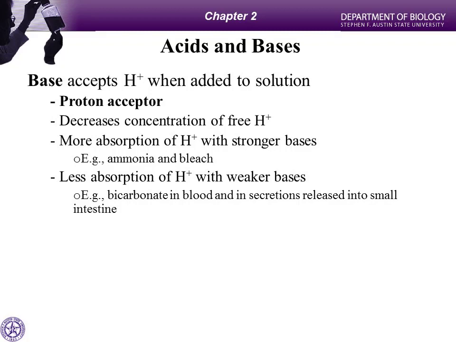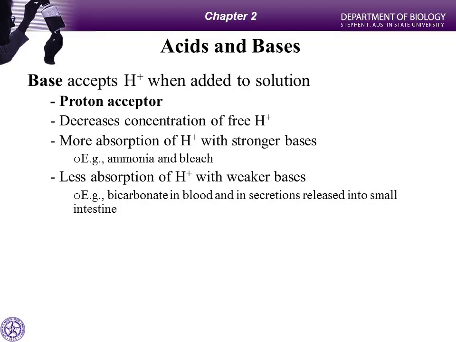Again, that bicarbonate that we were just talking about in your blood, it's going to pick up some of those extra hydrogens that are around because of the carbonic acid. Some of this in your digestive tract is going to pick it up from the hydrochloric acid in your stomach so that it doesn't do damage to your intestinal tract. Now, we've got some really strong bases, ammonia, bleach.